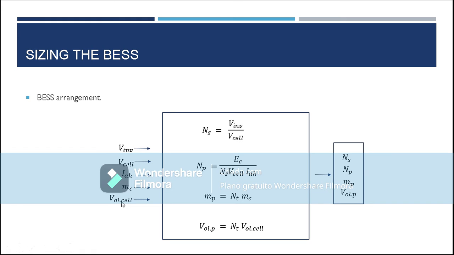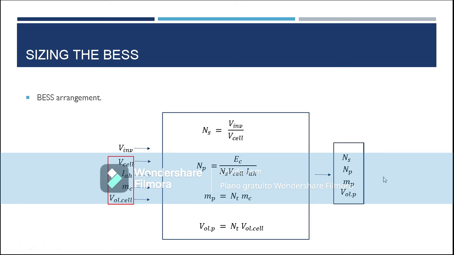So here we can notice if I change the battery cell, by changing these characteristics here, I will have a different arrangement for my BESS. So every time I change the battery cell, I will have a different arrangement.